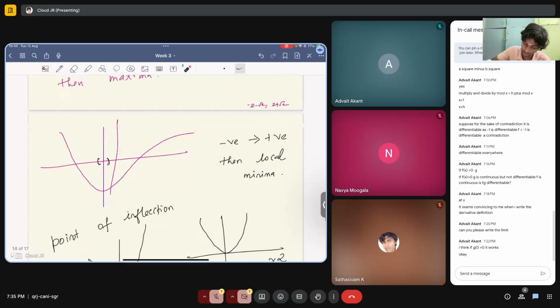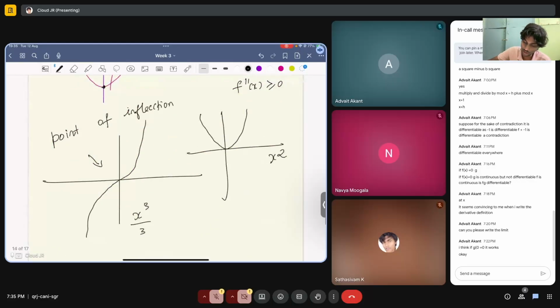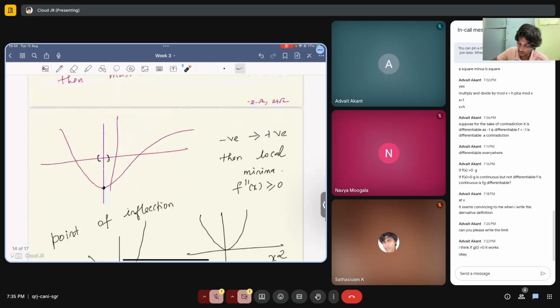And when such a thing happens, that is f double dash of x greater than or equal to 0, then you will get a minima. Okay, so when you have the point of inflection, there is another little bit more, this kind of thing is called, I think, I forget, it's either concave or convex. Yeah, but anyway, I will not go into that.